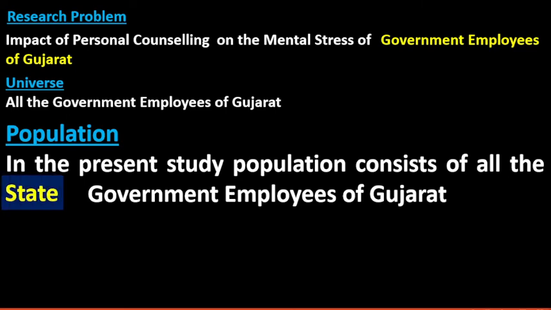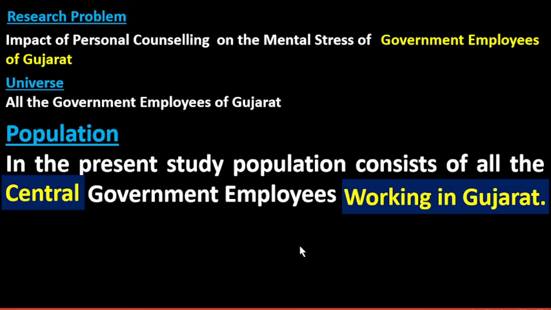The researcher has to be sure about the population while working on the research problem, and in this case the findings will be applied only on state government employees of Gujarat, and the researcher has to collect data from all kinds of state government employees and from all parts of Gujarat.